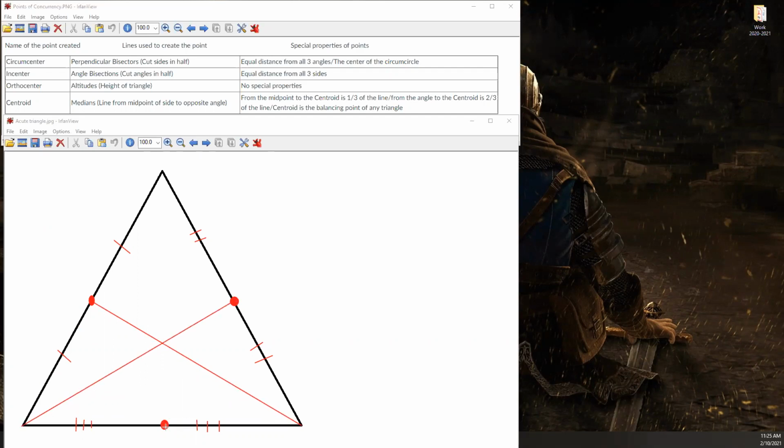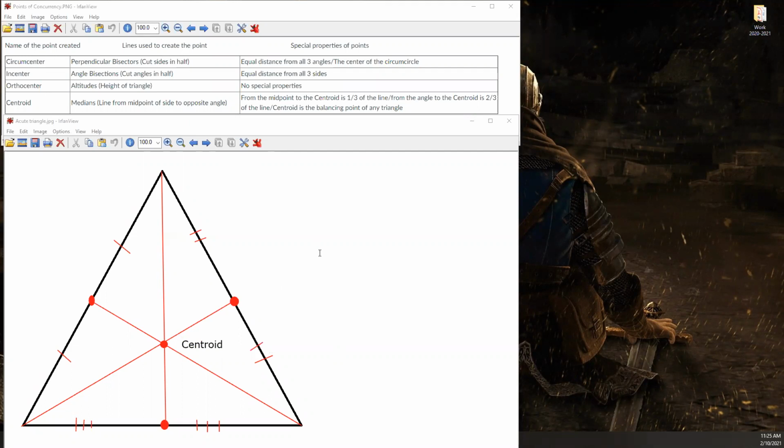And it's going to make a new point. That point is a centroid, and it is the most complicated of all, of course, right? All right, so that's the centroid. So that's how you make them, right? Those are the lines used to create them. That's the centroid.